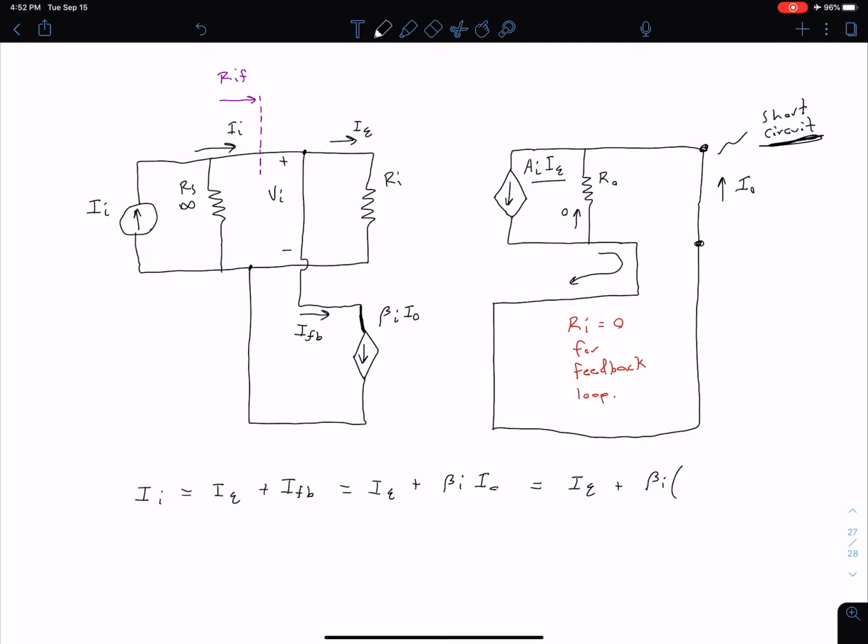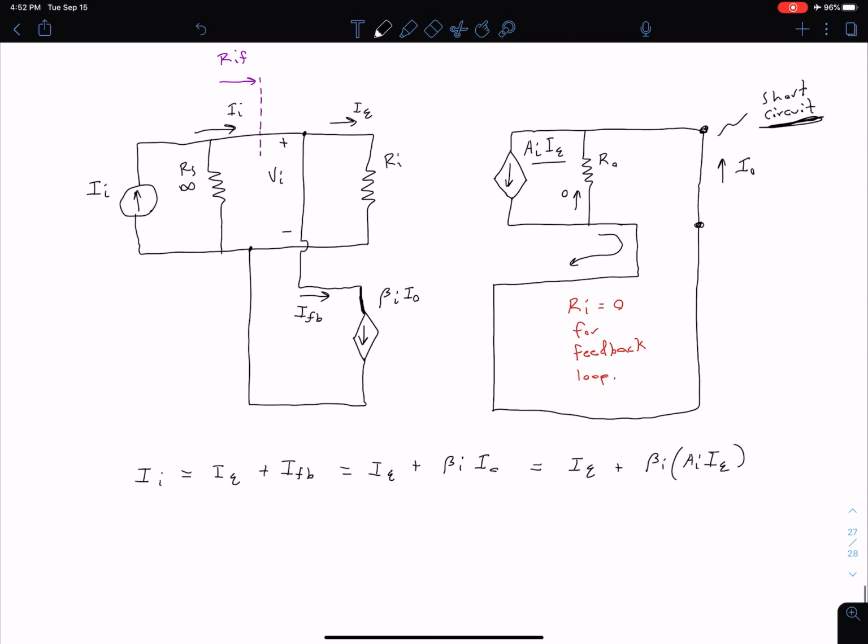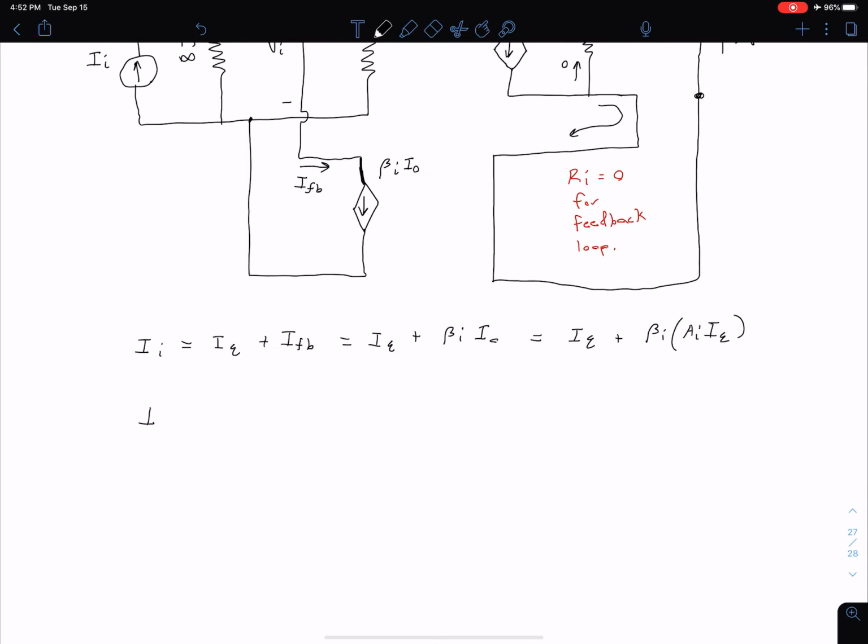And now we're substituting our I_0 for A_I times I_epsilon. So what we can do then is solve this for I_epsilon, and we can say I_epsilon is equal to our input current divided by the quantity of 1 plus beta_I times A_I. So we get something that looks like that.